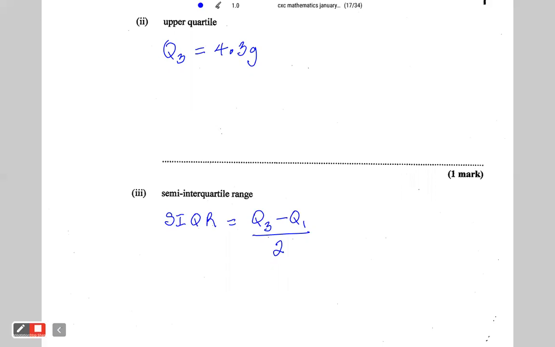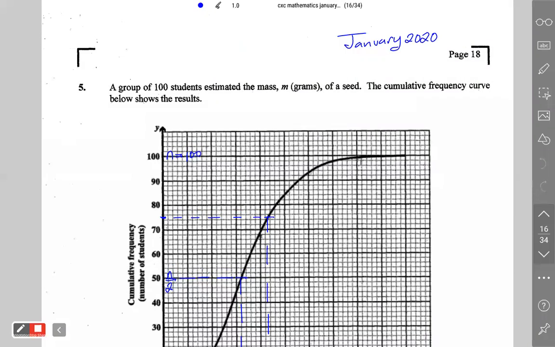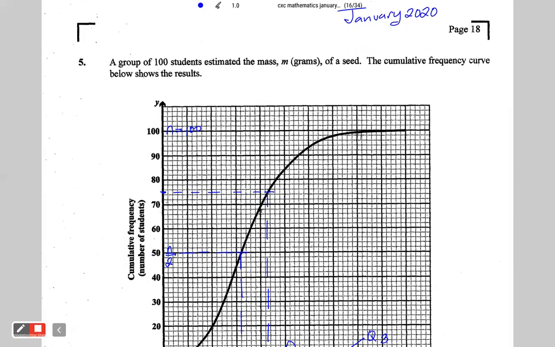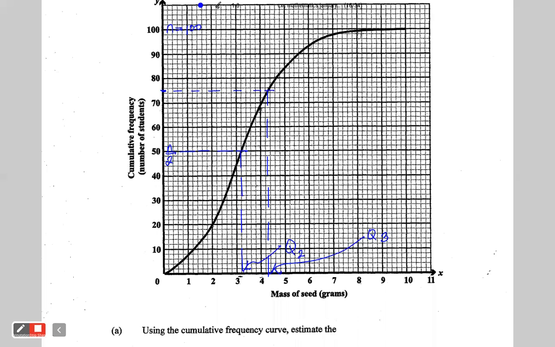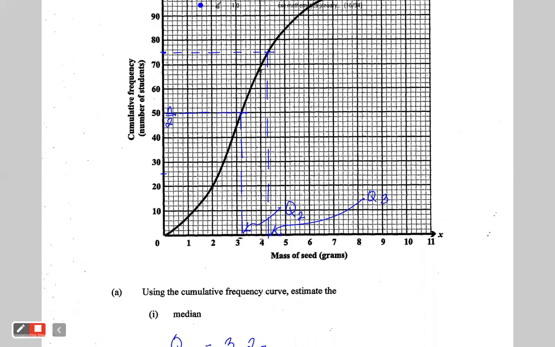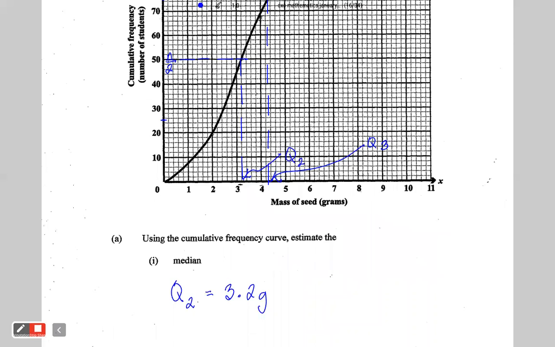To find that, you need to find 1/4 of n. Now, n is 100, so 1/4 of n is 25. 25 is in the dead middle between 20 and 30.